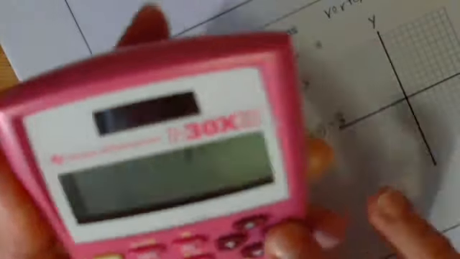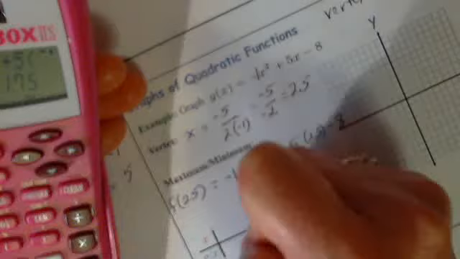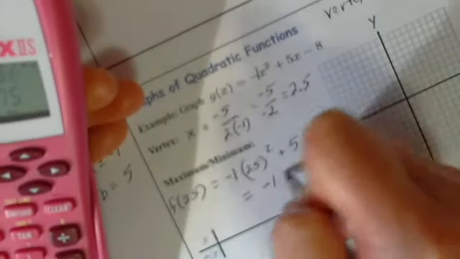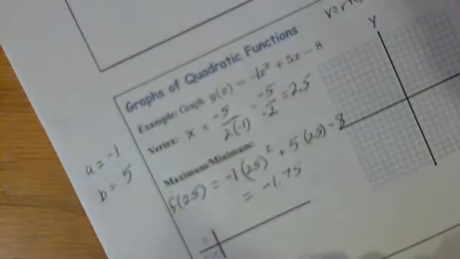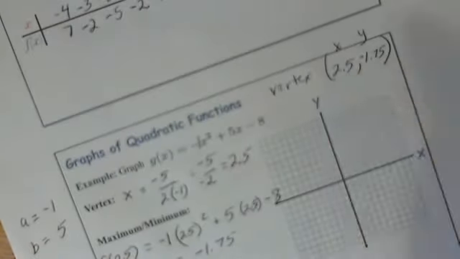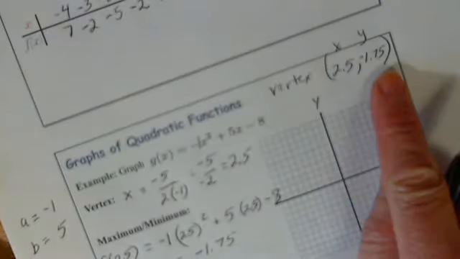Just make sure I calculated that right. Go back and take a look. 5 was our B value times 2.5. Yep, that all looks good. So negative 1.75. Not going to be fun to graph this one, but I do have my x and y value for my parabola.